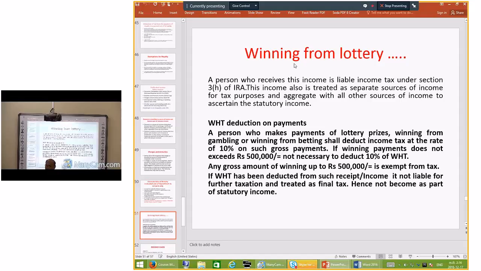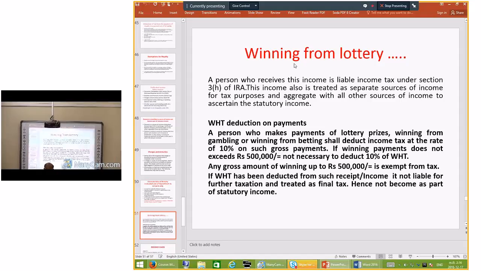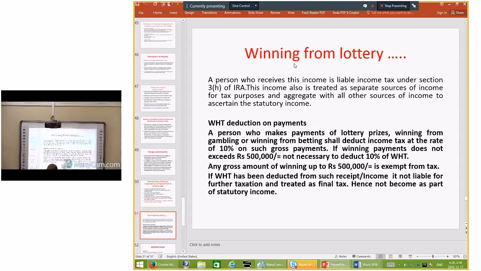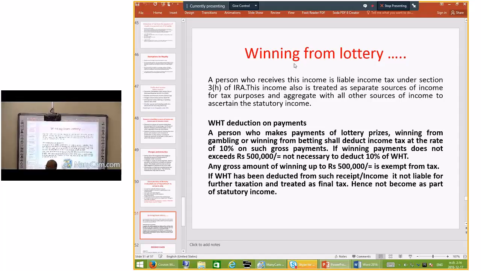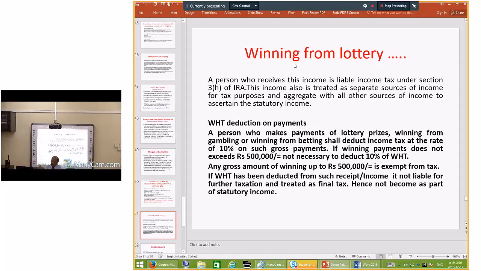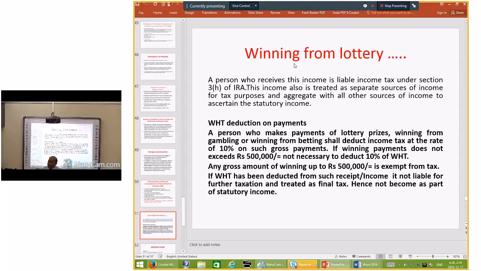In Sri Lanka, with horse racing and casinos, if they are paying winnings of more than 500,000, they have to deduct 10% of tax and remit it to the tax department, and 90% is paid to the winner. To charge that tax, to deduct 10%, the income must be chargeable, otherwise no tax.